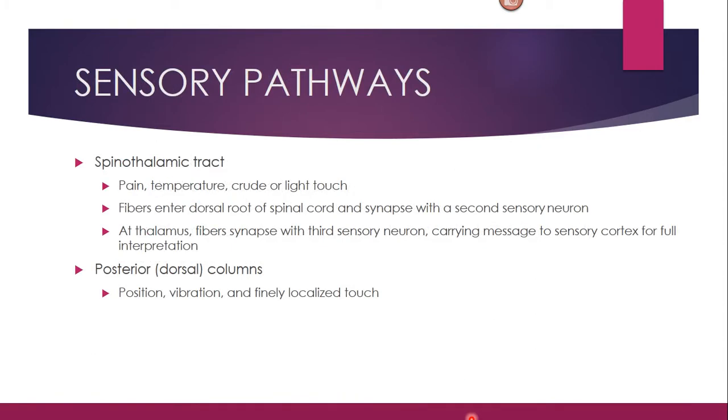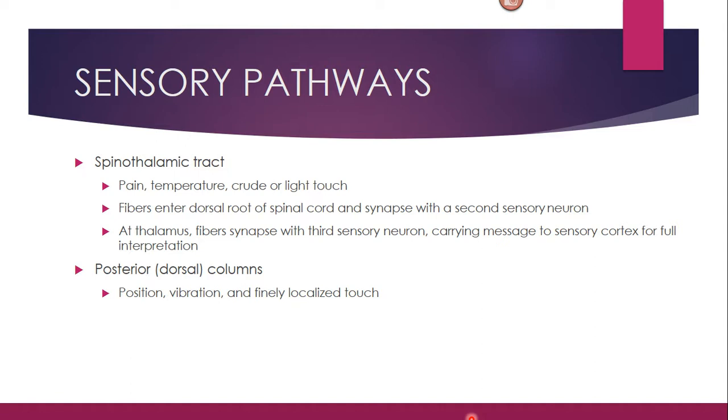So let's begin with the sensory pathways. It's twofold. There's a spinothalamic tract, which allows us to sense pain, temperature, crude and light touch. These sensory receptors are embedded in our skin, mucous membranes, muscles, tendons, and viscera.